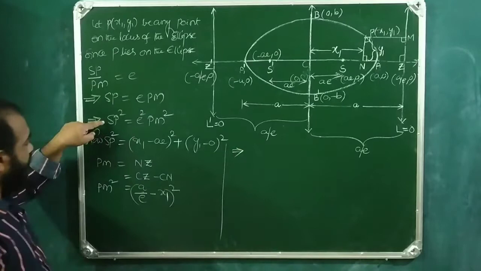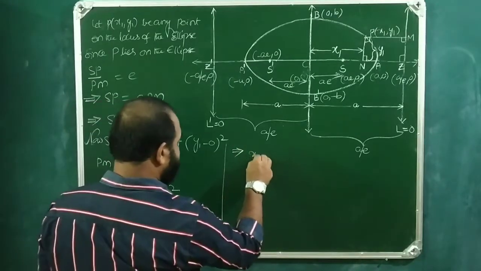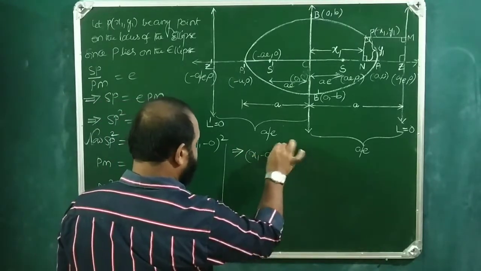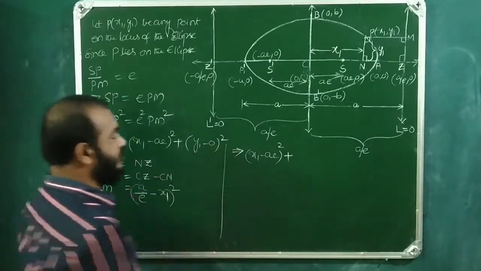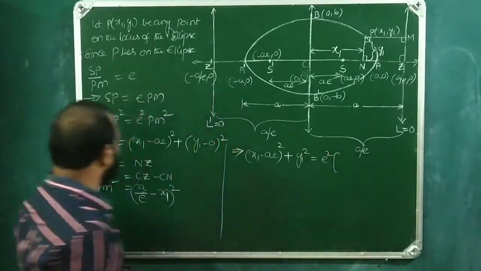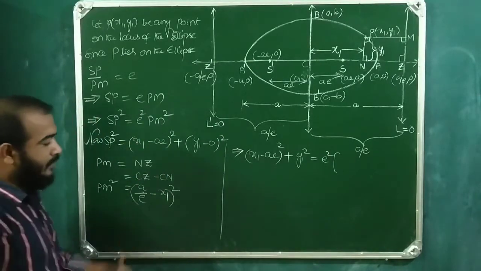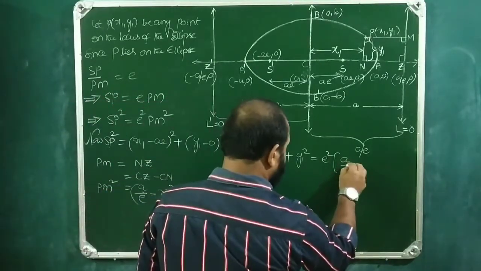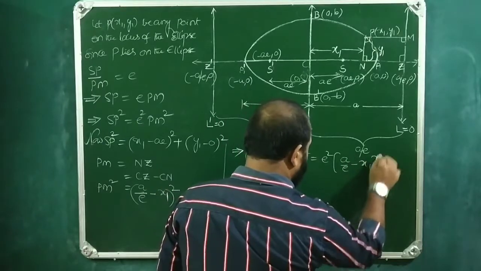So SP square is (x1 minus AE) whole square plus (y1 minus 0) whole square, which is y1 square, equals e square PM square. PM square is (a by e minus x1) whole square.